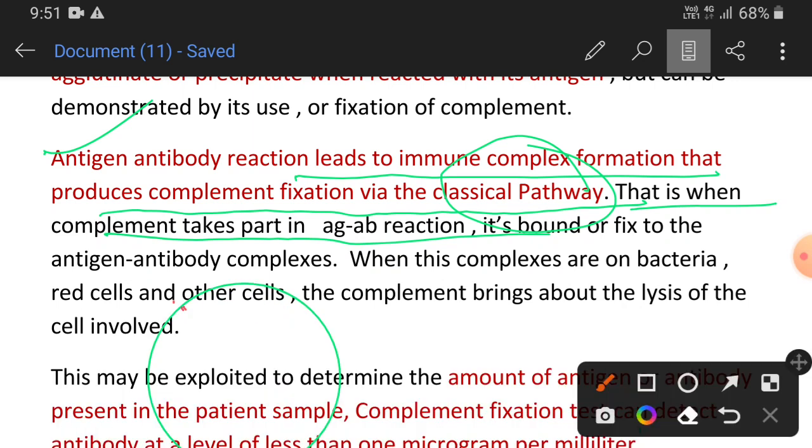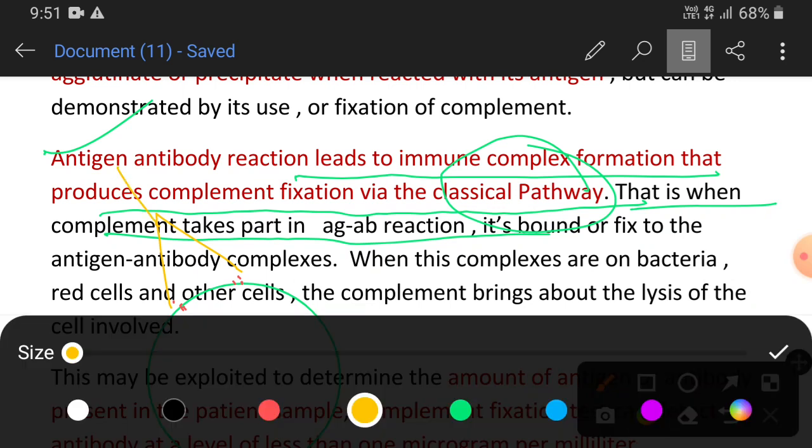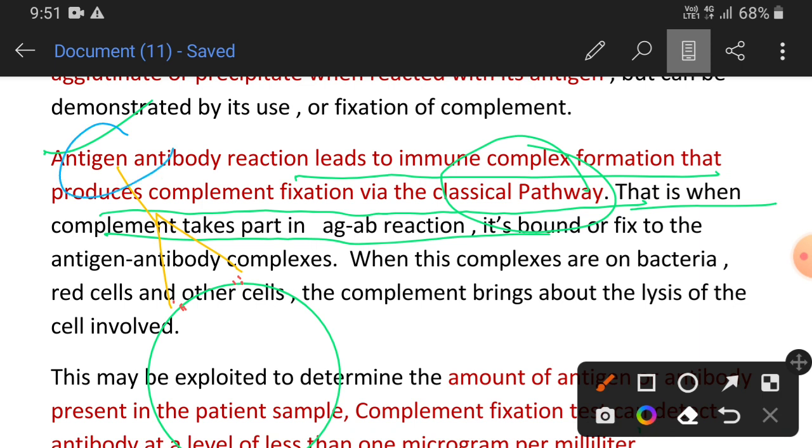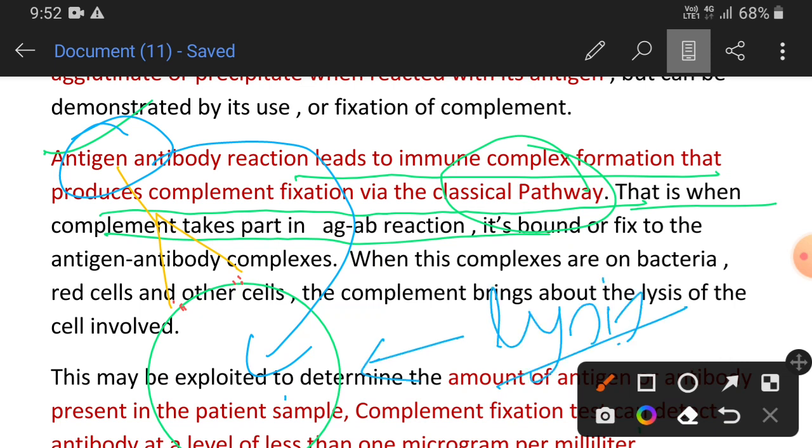On the surface of the bacterial cell there are antigens present, there is specific antibody for that specific antigen, and complement is bound over the Fc part of the antibody. So there can be a reaction which facilitates the lysis of that bacterial cell. That is the classical complement pathway.